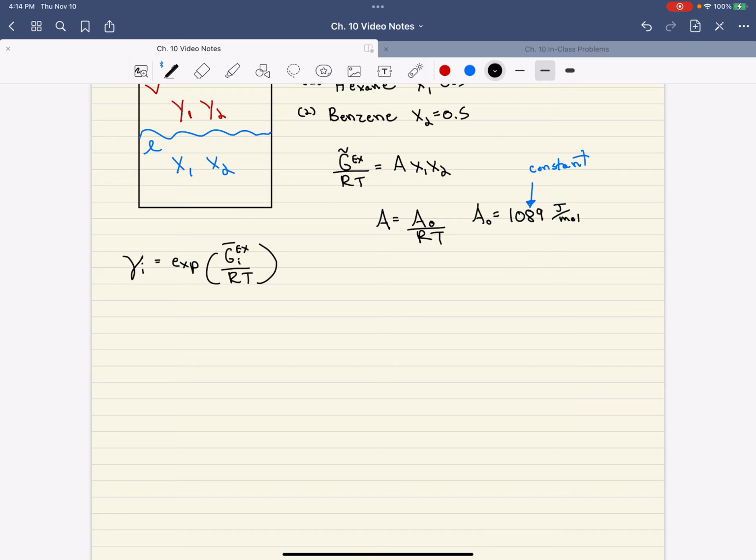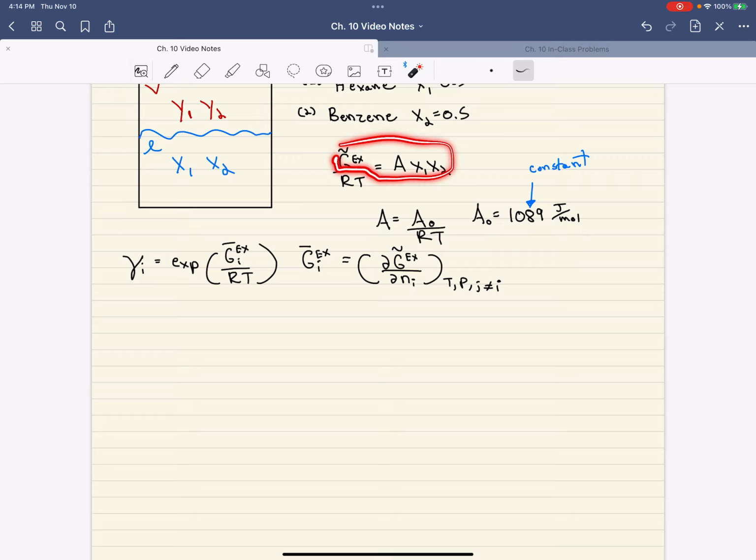And this excess partial molar Gibbs energy, if you remember from chapter 8, is just the partial derivative of the total excess molar Gibbs energy with respect to species i, at constant T, P, and n_j not equal to i.